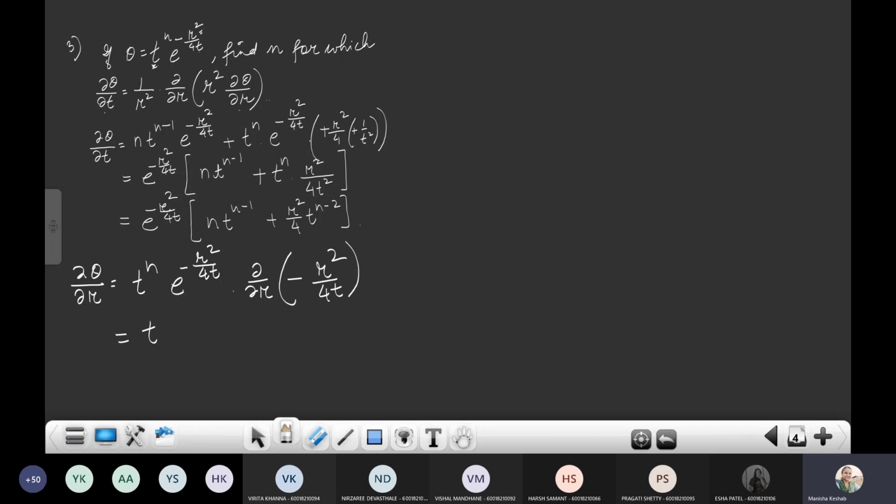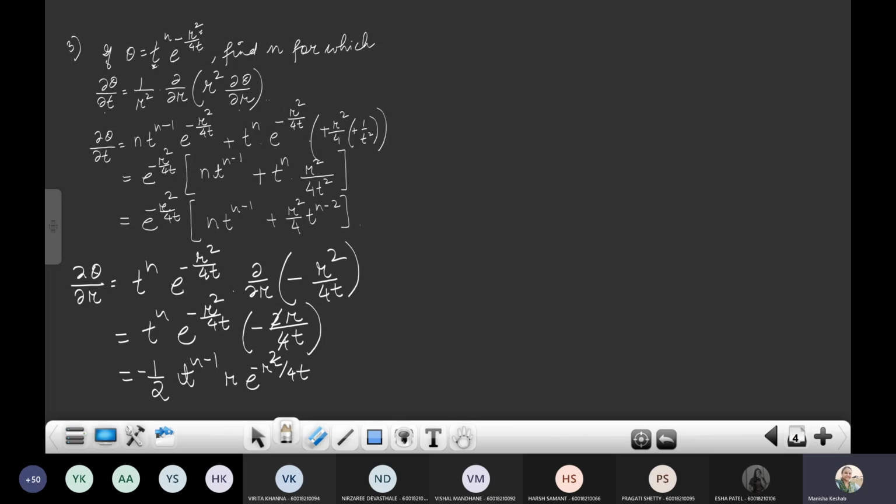Okay, so it will be t power n e power minus r square by 4t. Now with respect to r only, so it will be minus 2r by 4t. So here we will get, so that means this is what, half. Then we are getting t power n minus 1, minus will come, yeah? And we will get r into e power minus r square by 4t. Is this clear?